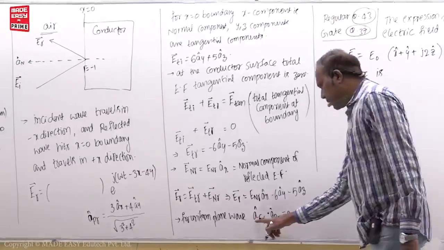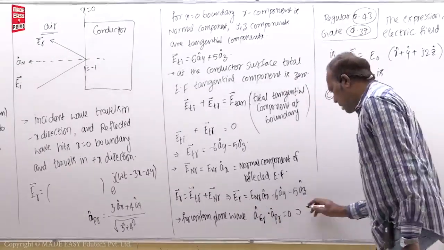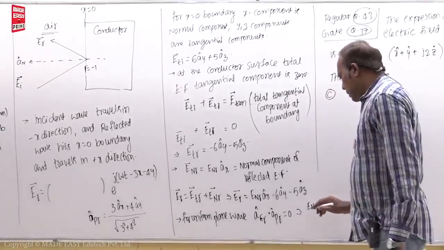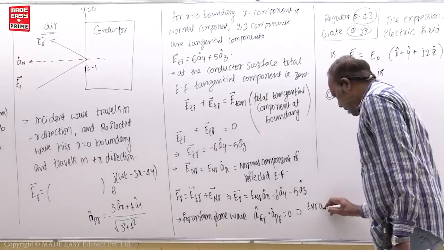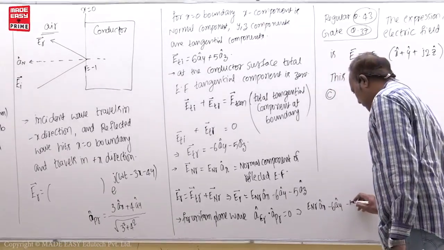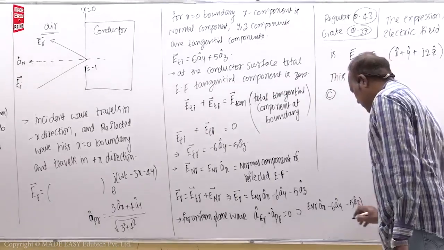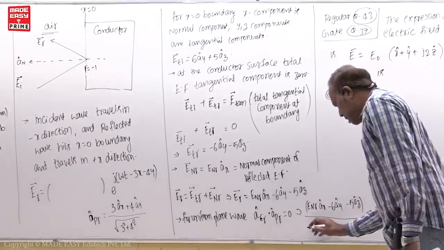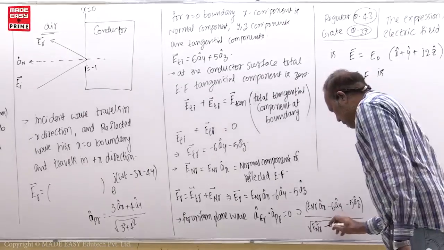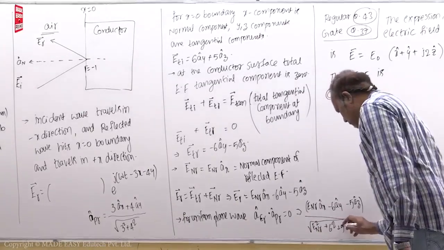Now that implies the electric field unit vector is ENR AX minus 6 AY minus 5 AZ divided by root of ENR square plus 6 square plus 5 square.